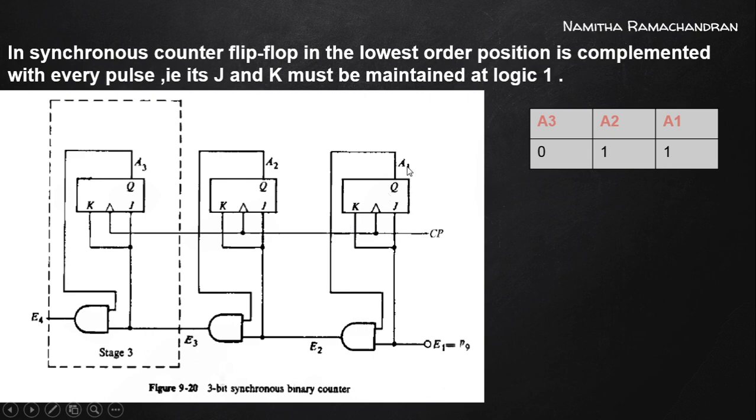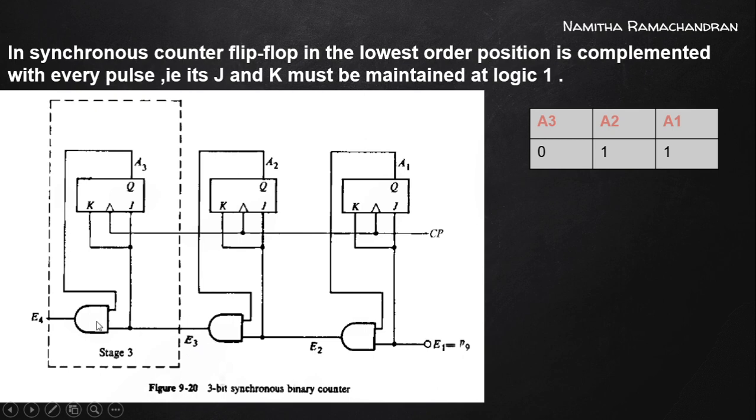Okay, and based on that, the present Q value and the control variable decide or derive this E2 value. This E2 value decides whether to complement or not the next state value A2. Okay, and this present state A2 value and the control variable generate an E3 value.